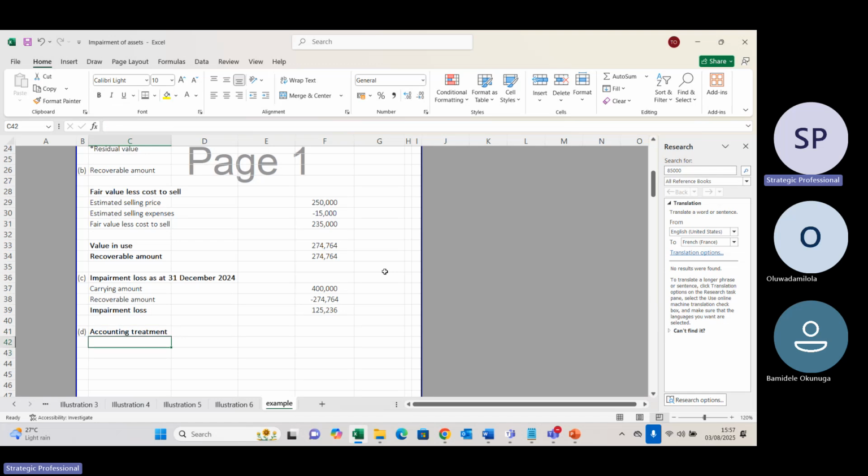Okay, the accounting treatment is debit what? Debit P or L, profit or loss.